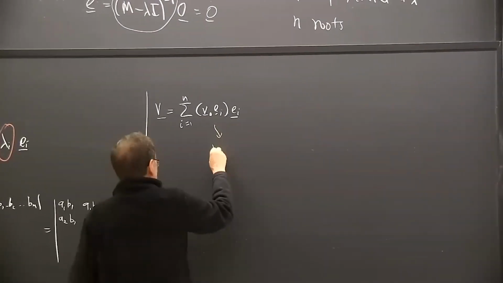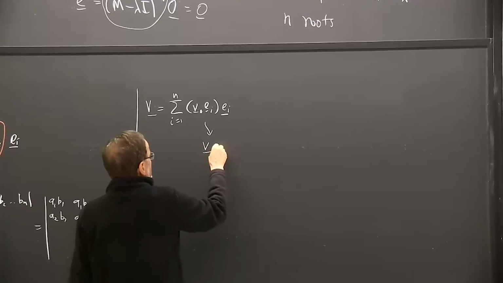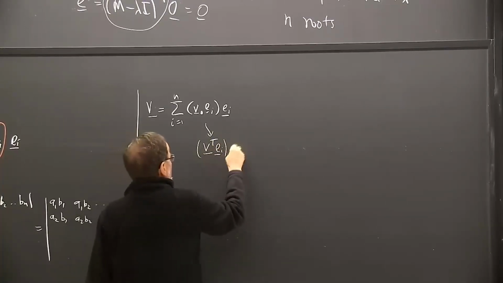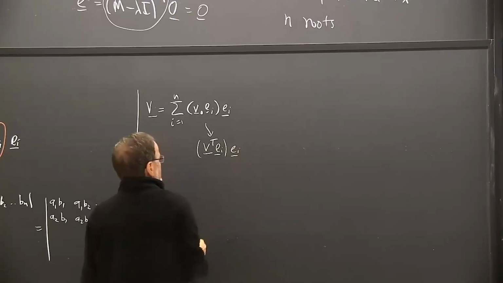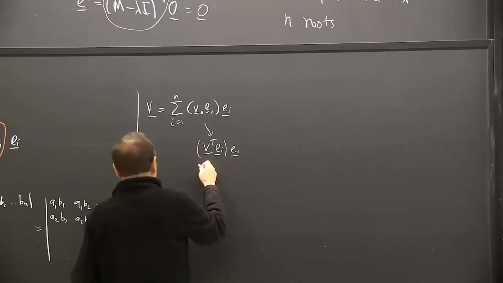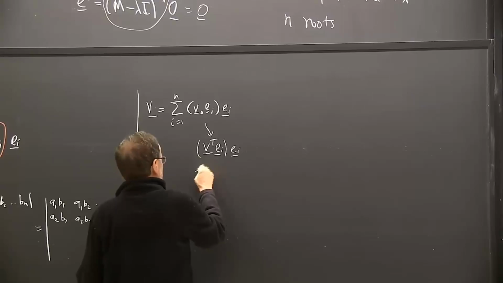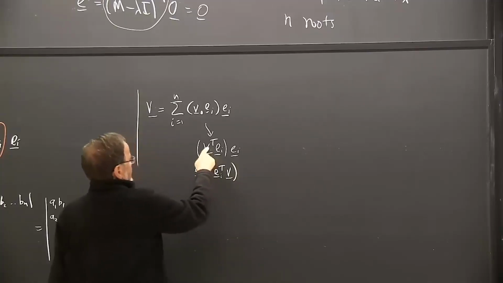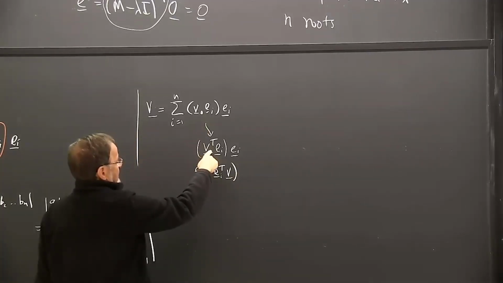So one way to rewrite this is V times V transpose times Ei. Or another way of writing it is, let's see, we want to do this Ei transpose V. So this is just taking the dot product and rewriting it.